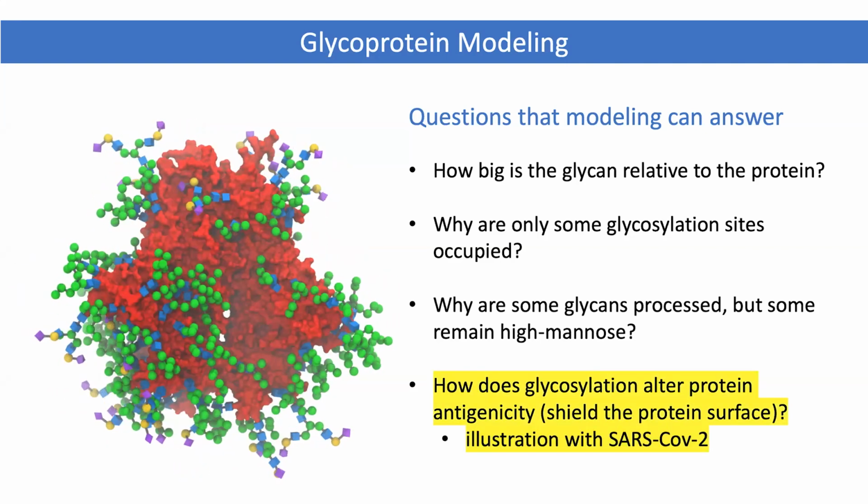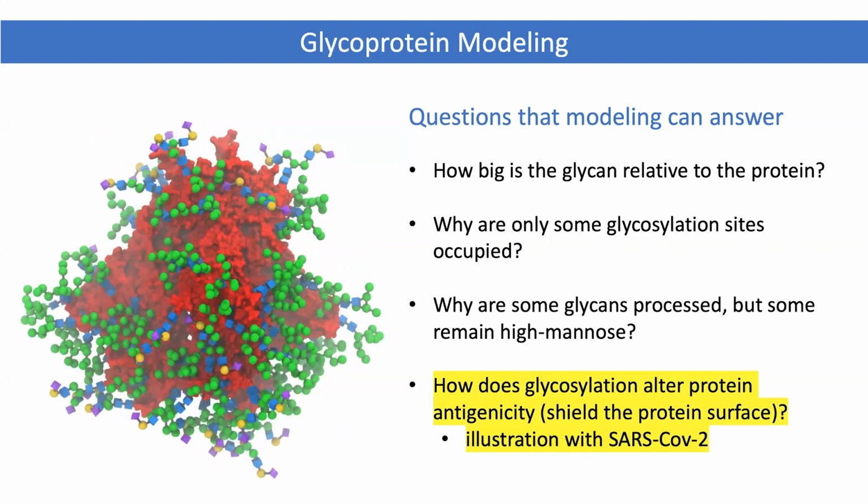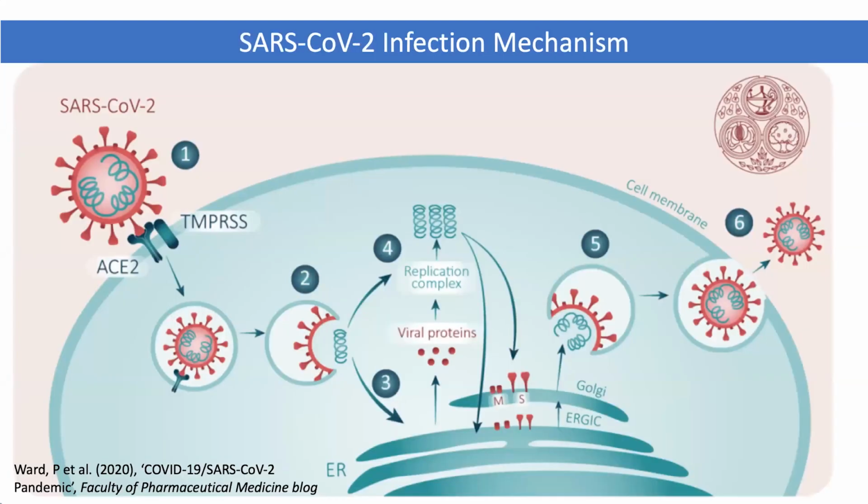And I'll illustrate this with the SARS-CoV-2 spike protein. But that leads us now into just a discussion. And, you know, I think everybody in the world is becoming a virologist right now. So correct me if I get this wrong, but this is a picture I got online from a blog, and it summarizes the basic view that many people have.